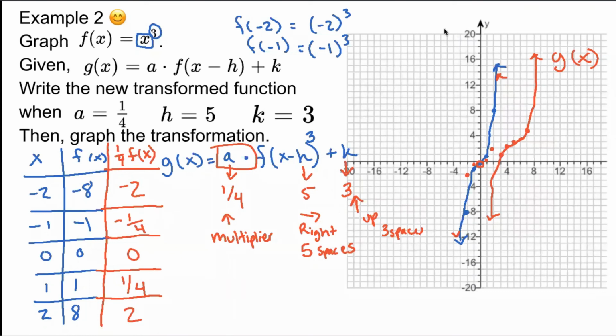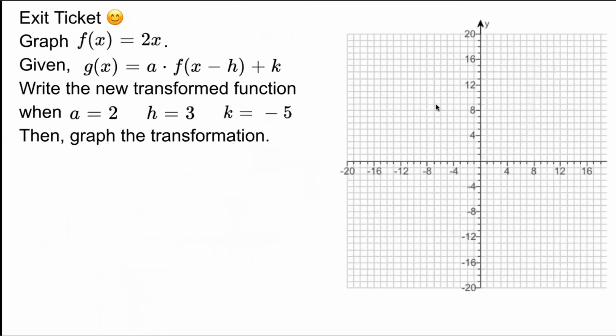All right. You guys have an exit ticket. Let me save this image and clear this out really quickly. Go ahead and try this one. F of x equals 2x. You have the 3 parameters: a equals 2, h equals 3, and k equals -5.